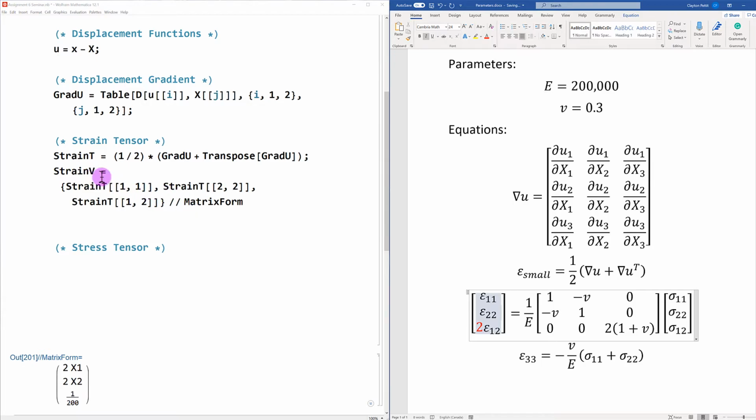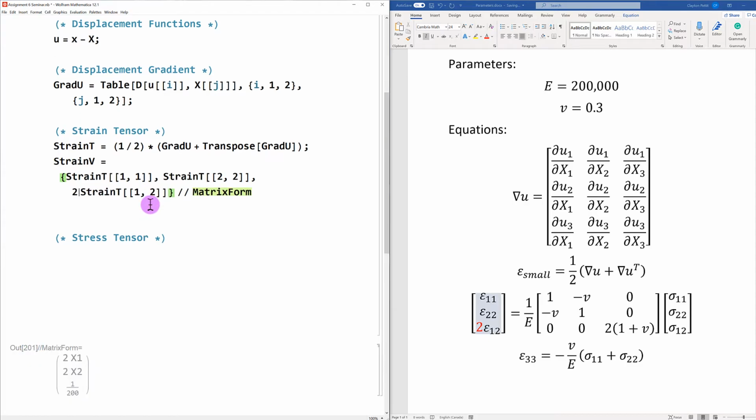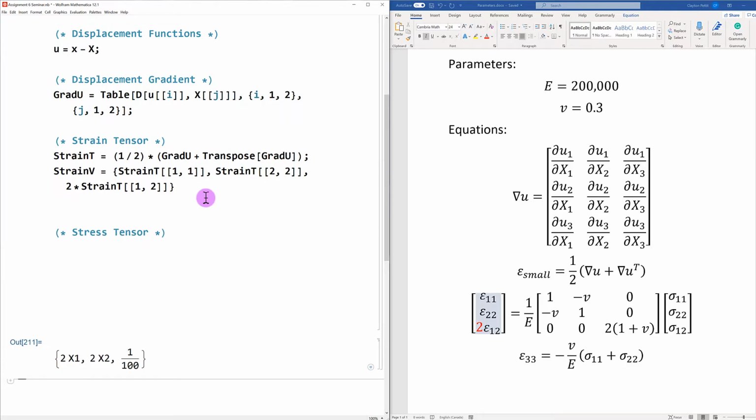So when we define our strain vector, epsilon 1,1, no problem. Epsilon 2,2, again no problem. But when we get to epsilon 1,2, the shear strain, we actually have to go 2 times whatever that component is. Now when I run it, we can see that it changes the value, and that's going to be very, very important for us.